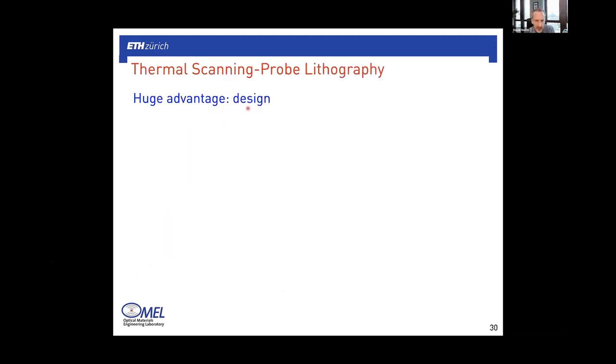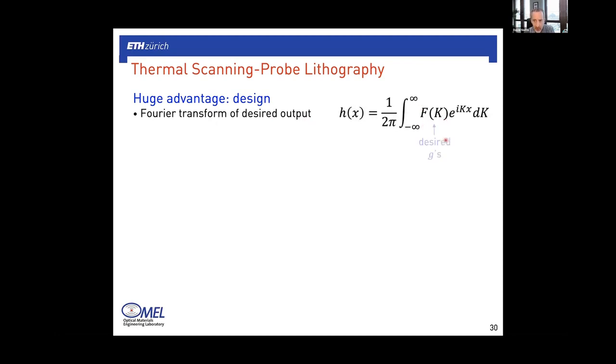And one huge advantage that I've already alluded to in terms of Fourier optics is in terms of design, because we can take the Fourier transform of the desired output we want. So in other words, if we know which momentum contributions we want in our diffraction, then we can use a Fourier transform to get an analytical surface profile or height function of our surface.